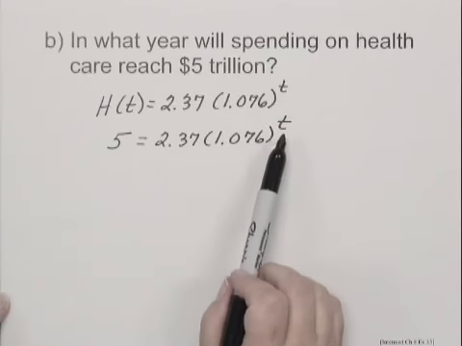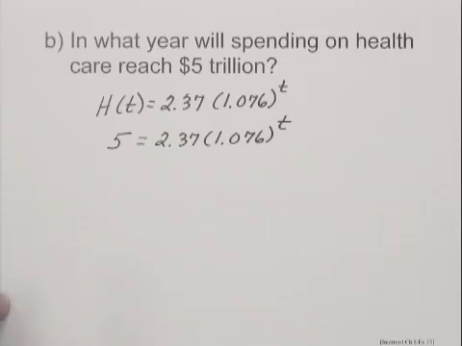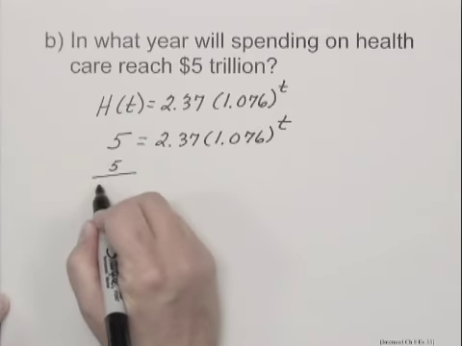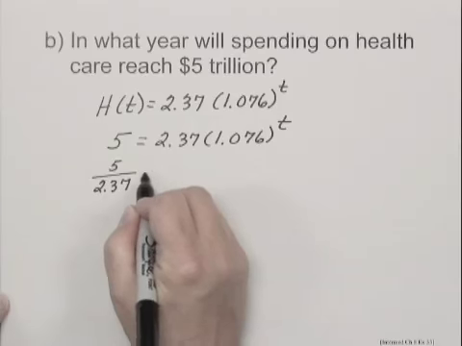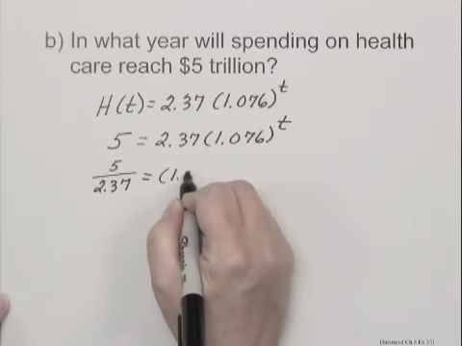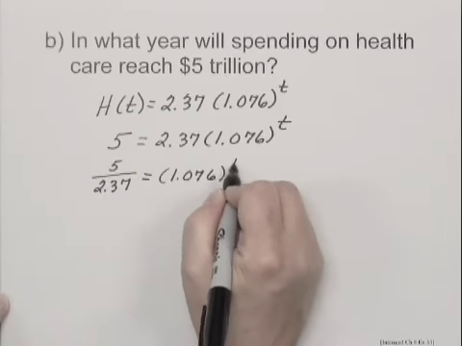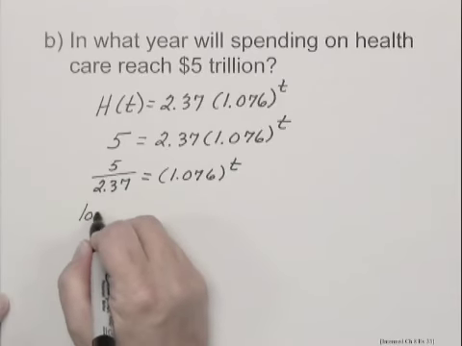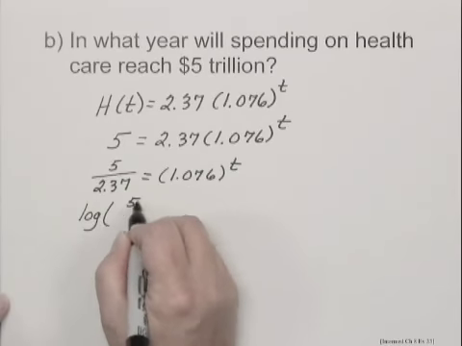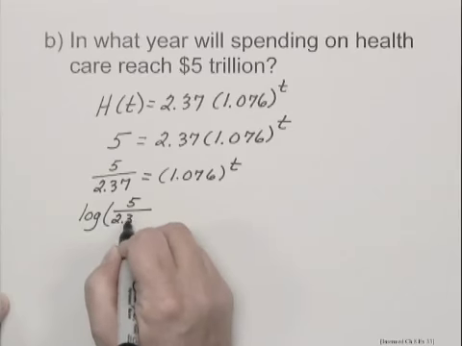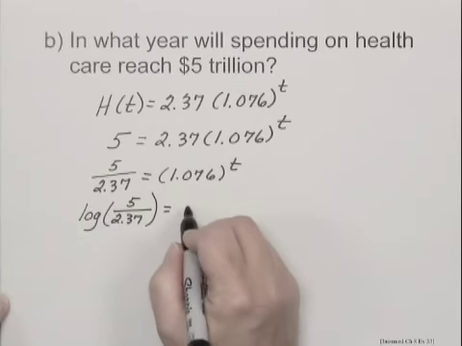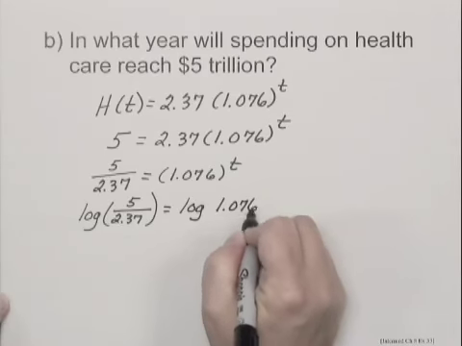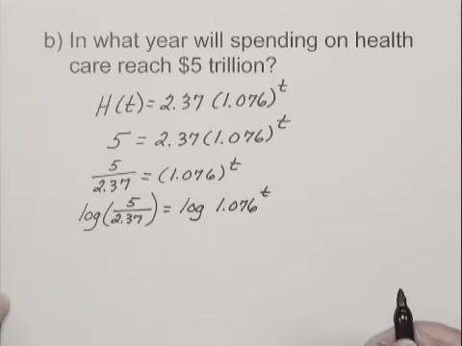We're going to eventually use logarithms, but the first thing we'll do is divide both sides by 2.37. We have 5 divided by 2.37 equals 1.076 to the tth power, and now we use logarithms. The log of 5 over 2.37 equals the log of 1.076 to the tth power.